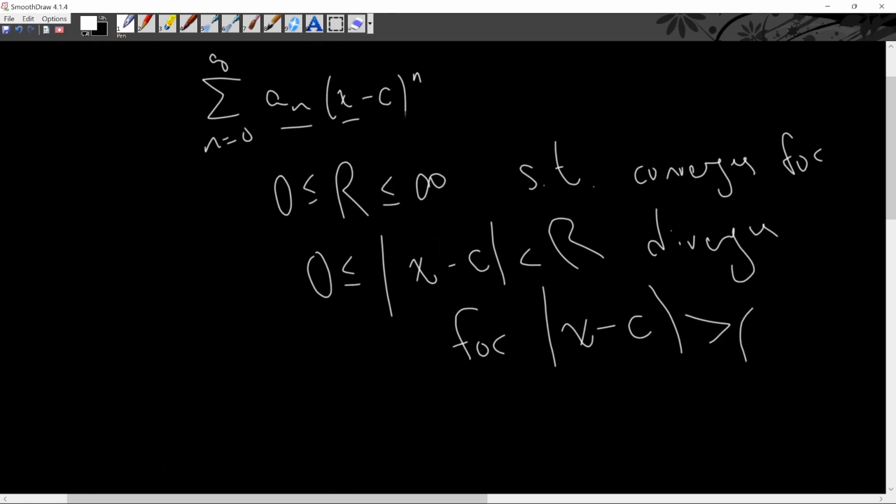Because this is essentially what we're saying. We're just including c, which is just a constant, so it's not going to affect the math ideas too much.